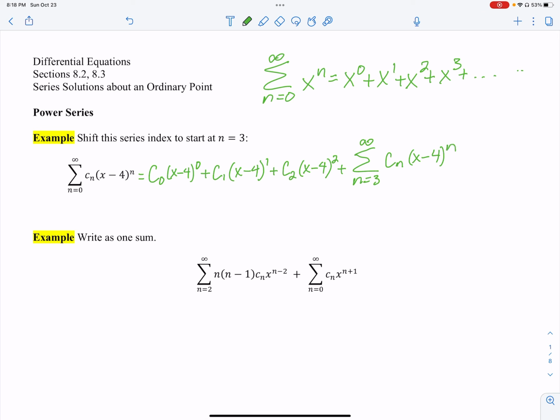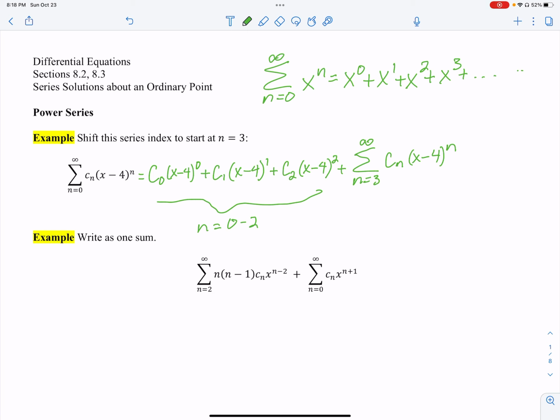So we just moved it over. We now have this right here. This is just n equals 0 through 2, right? n equals 0, n equals 1, n equals 2, and then we just left the rest of the series in there.